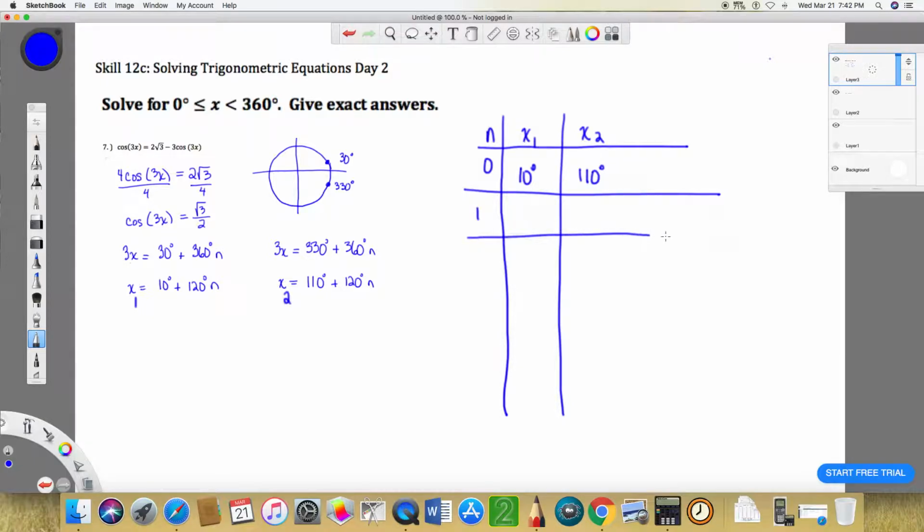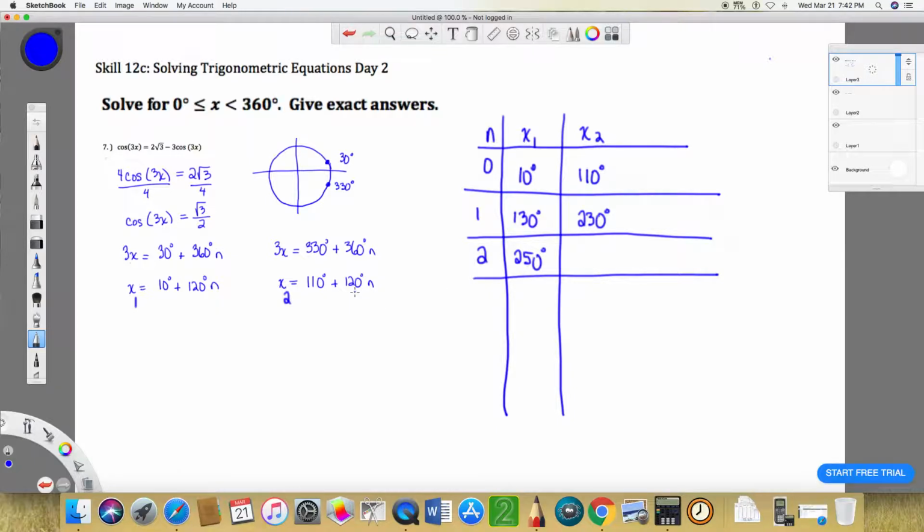If we let n be 1, then we've got 120 plus 10, 130. And here, 230. If we let it be 2, 240 plus 10 is 250.